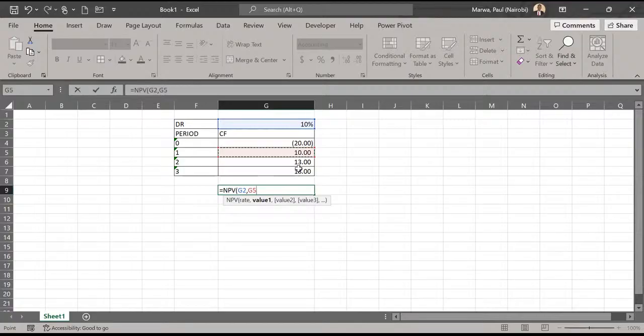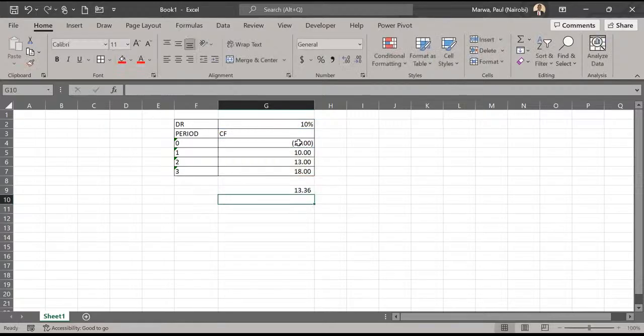The values. I thought it would start with that -20. You would have gone very wrong, because in that formula it is telling you NPV value 1, not value 0. Use plus because your initial outlay is taken as negative. Enter now.